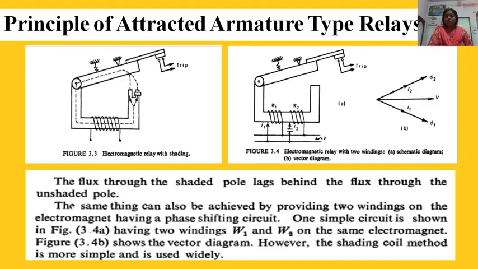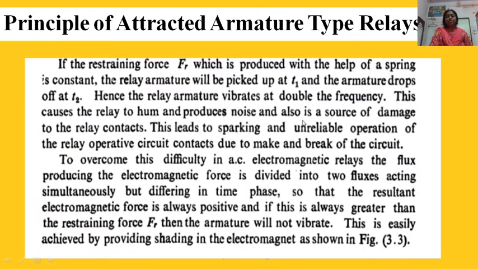This problem can be solved by a shading band or by providing a shading coil to the electromagnet, or it can be solved by using two coils.